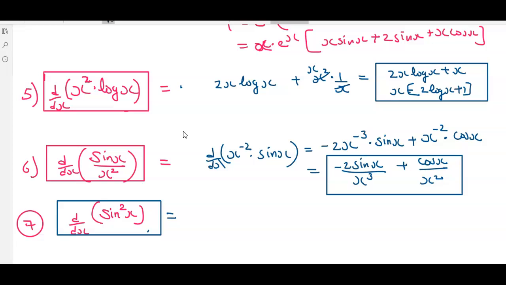We know the formula of sin x, but we don't know the formula of sin square x. Now it is basically a function sin x with the power increased to 2. So I'll do a smart act over here. I'll do this question by the product rule of sin x into sin x.